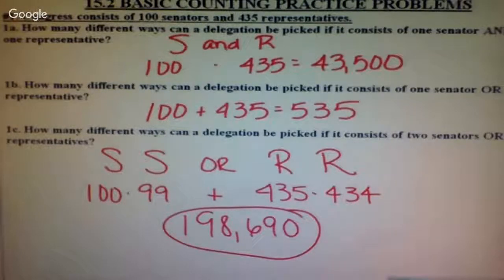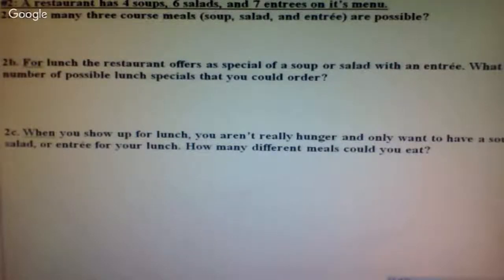Question. Something easy. How many 3-course meals, soup, salad, and entree, are possible? 168. Again, you need a soup, a salad, and an entree. So we've got 4, 6, 7, and it doesn't say or, so we're multiplying, which is 168 meals.